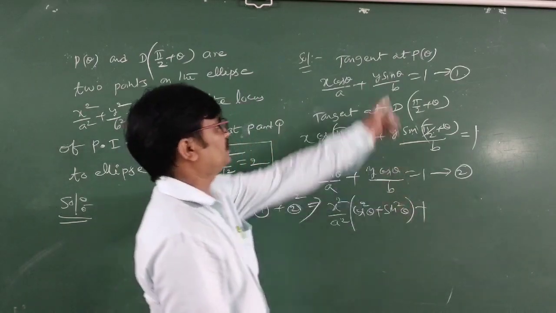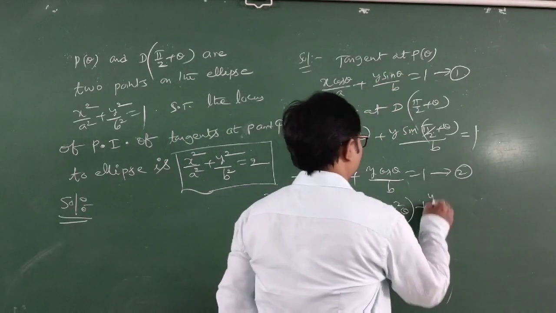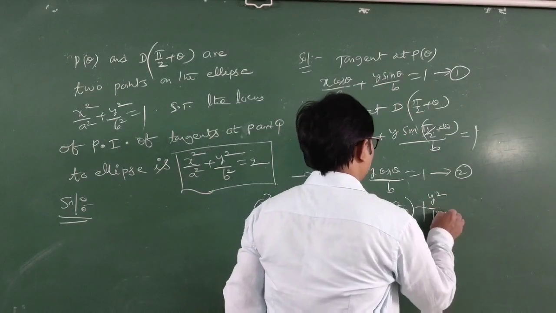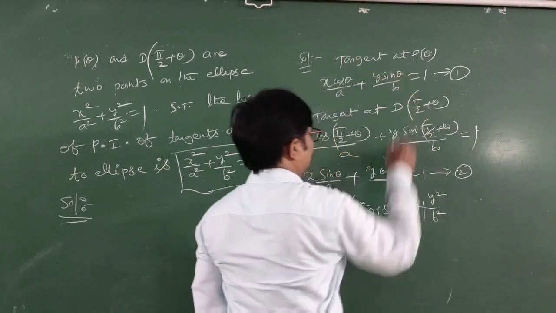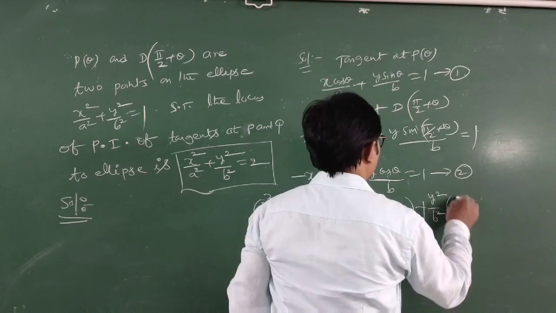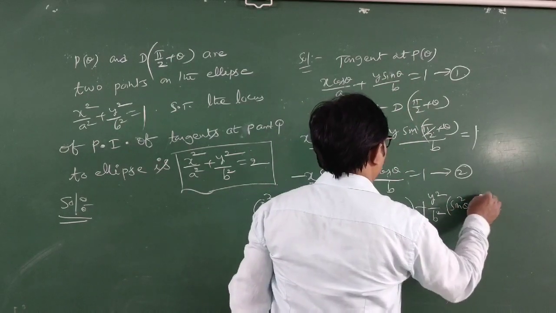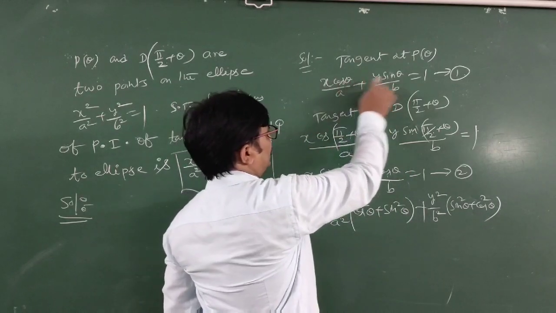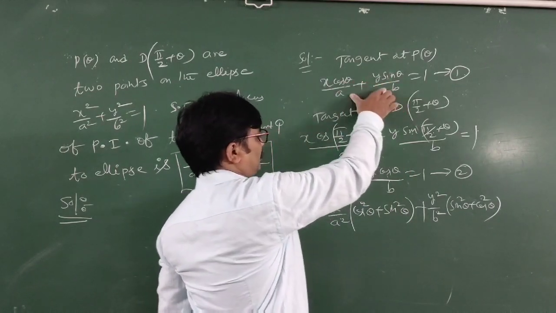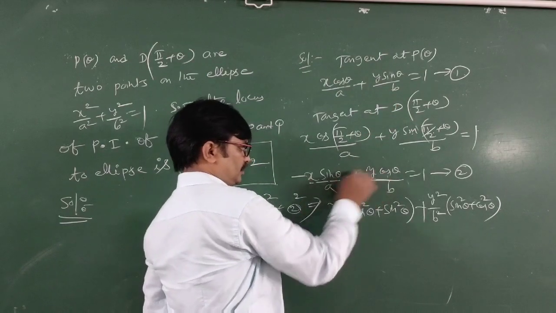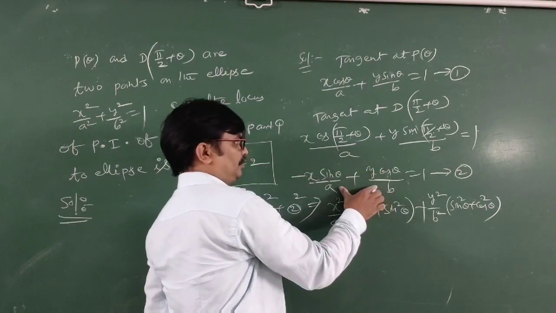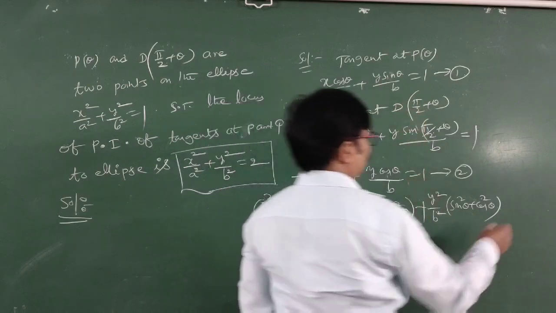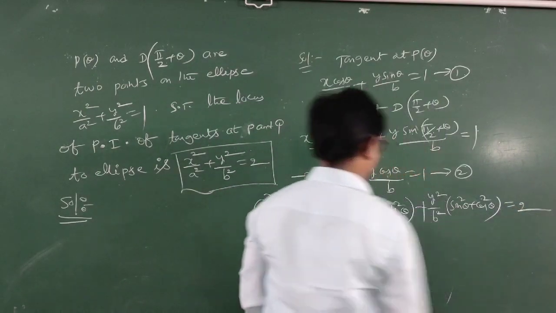After that, b square is y square by b square, sin square theta plus cos square theta, plus 2xy cos theta sin theta by ab minus 2xy sin theta cos theta by ab, cancel. 1 plus 1 that is 2.